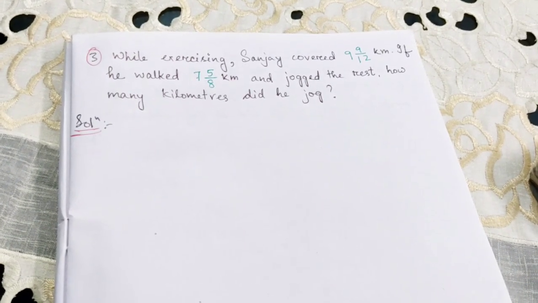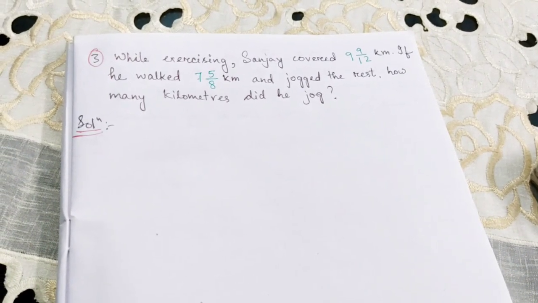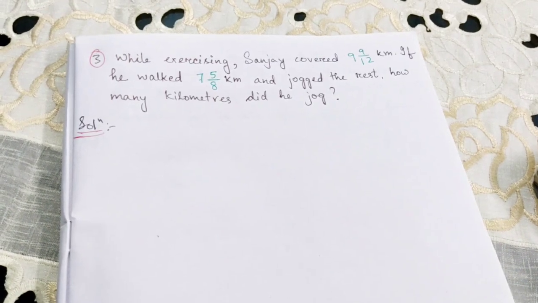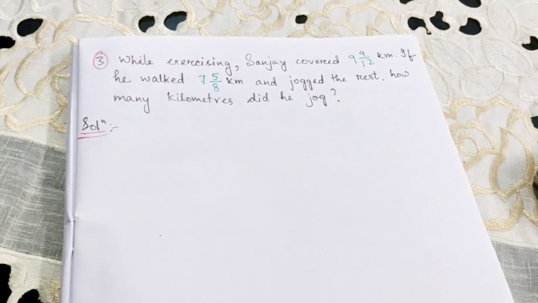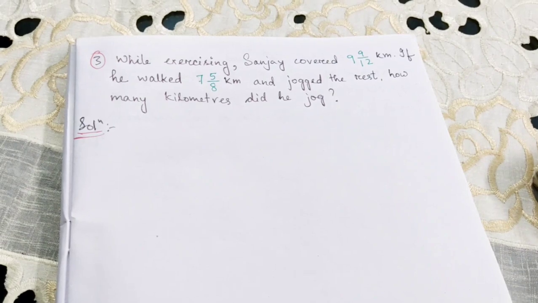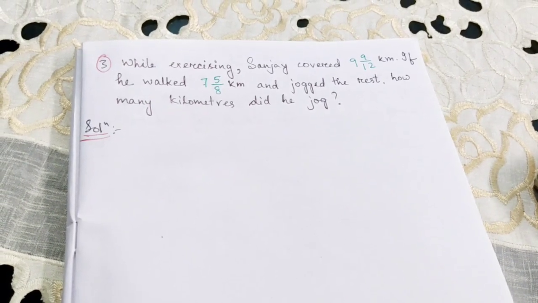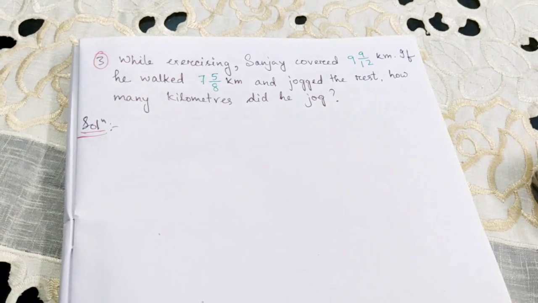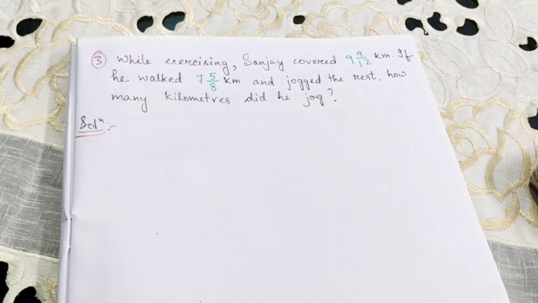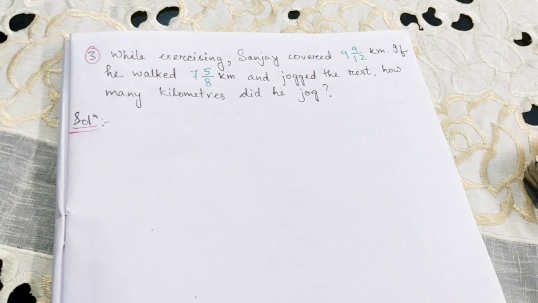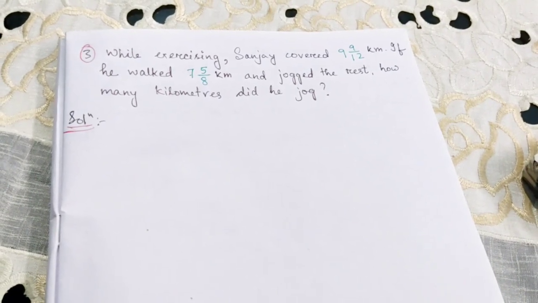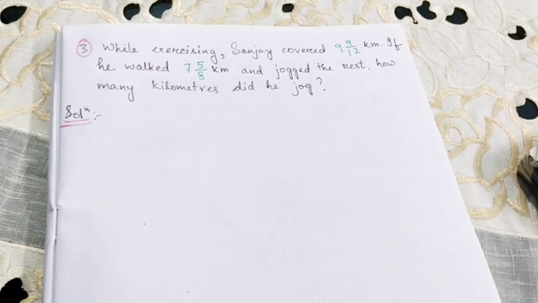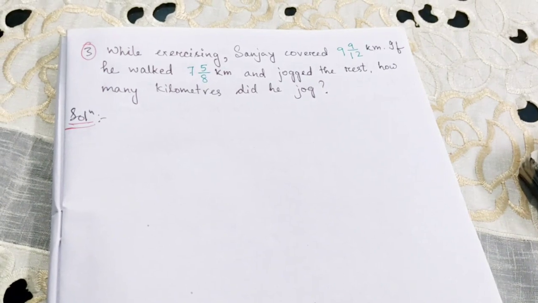Now out of this 9 by 12 kilometer, he walked 7 and 5 by 8 kilometer. So that is a part of the total distance he had walked. Now the rest of the part he had jogged. So you will have to find how many kilometers he jogged.